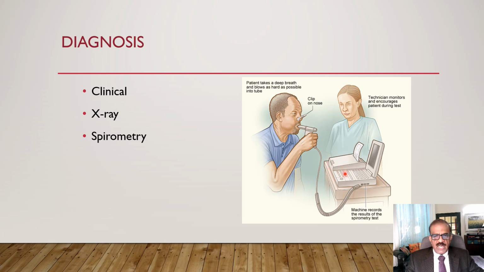Spirometry is a great test, but it is not indispensable for the diagnosis. Mostly it is not required for the diagnosis actually. This pulmonary function test can give us two important pieces of information. One, what is the predominant type of respiratory disease?